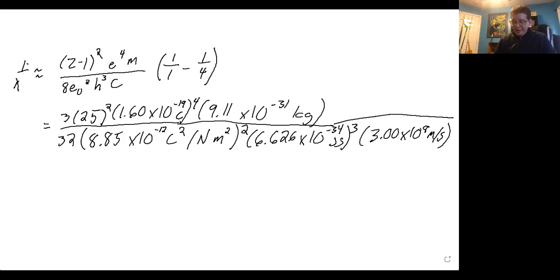Okay, so 3 times 25 squared times 1.60 e negative 19, divided by 32, divided by 8.85 times 10 to the negative 12. And you need to do that again.